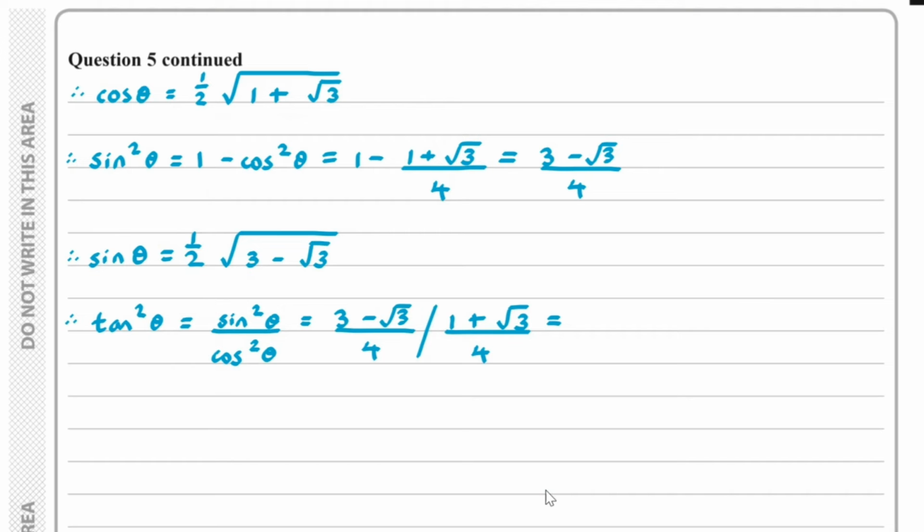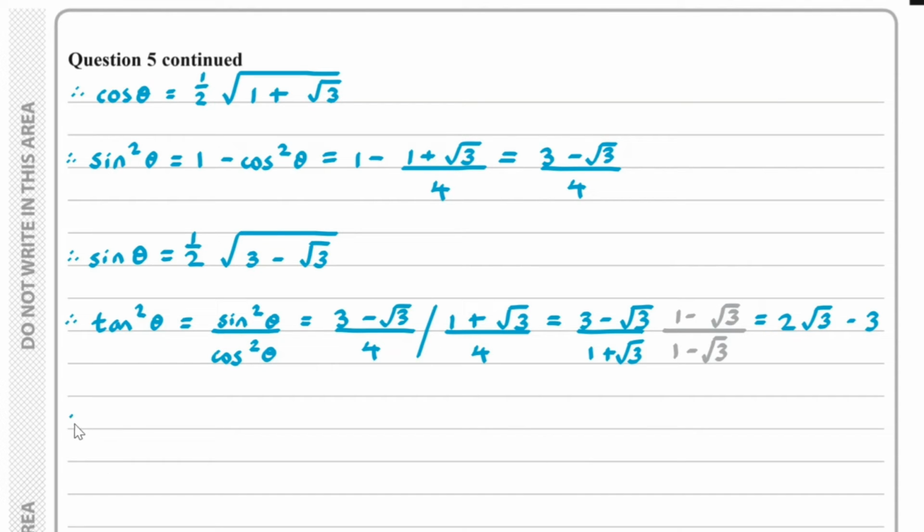So tan squared is equal to 3 minus root 3 divided by 1 plus square root 3. And if I rationalize by multiplying through by 1 minus square root 3 on the top and bottom, then we can conclude tan squared is equal to 2 root 3 minus 3.